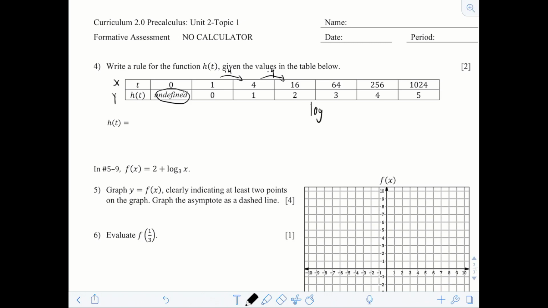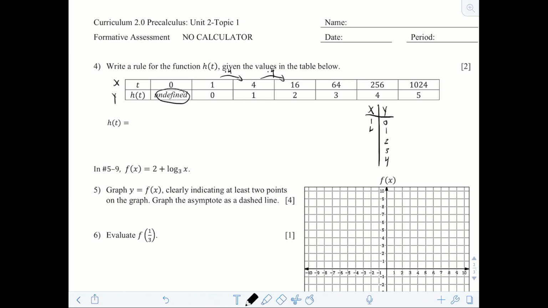Because normally when we're dealing with a logarithmic graph, usually the y values go up by 1, so 0, 1, 2, 3, 4, and the x values go up by whatever's being multiplied. So we normally have 1, and then it depends on the base that we're working with.